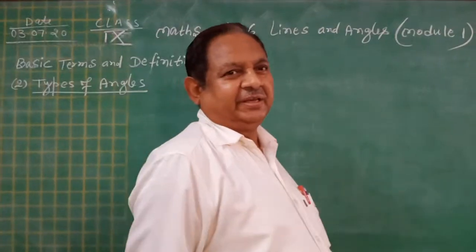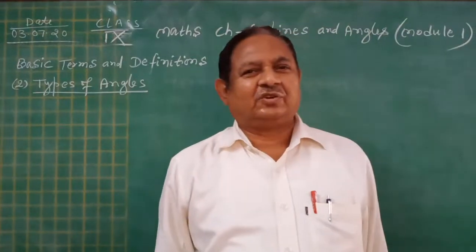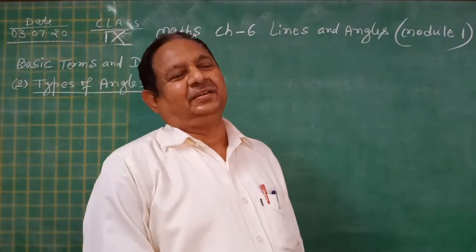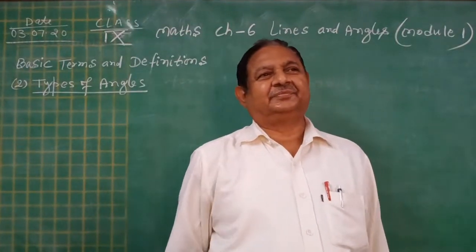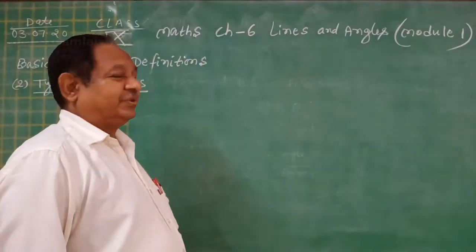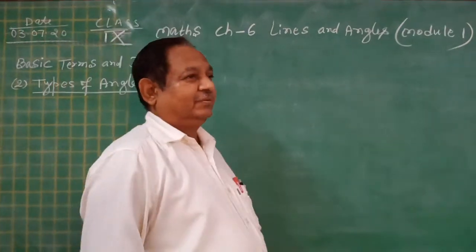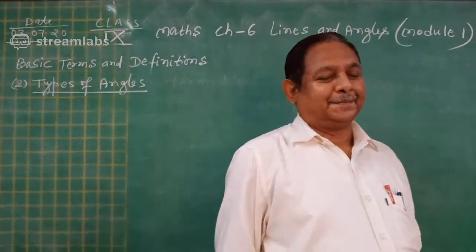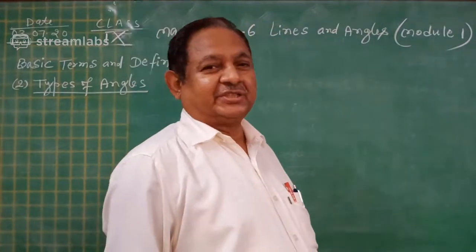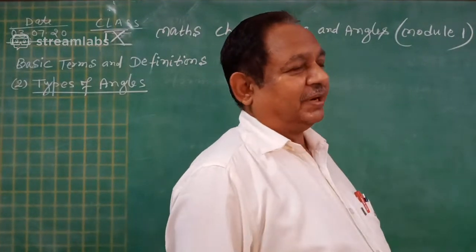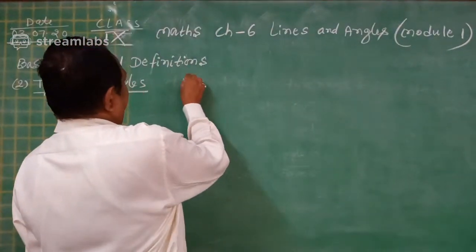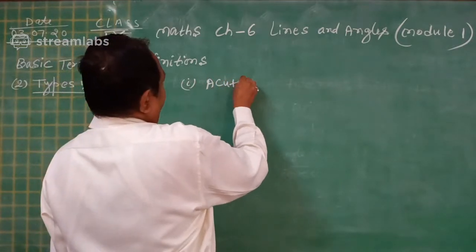You are familiar with different types of angles like acute angle, right angle, obtuse angle, reflex angle, etc. So what is an acute angle? When the measurement of angle is between 0 degree and 90 degree. That is, angle must be greater than 0 degree but less than 90 degree. Acute angle.